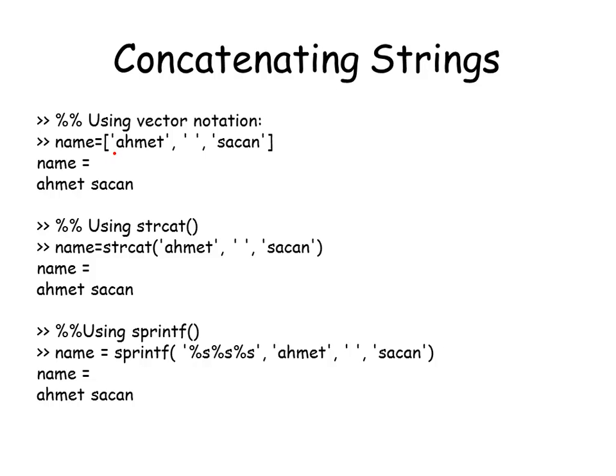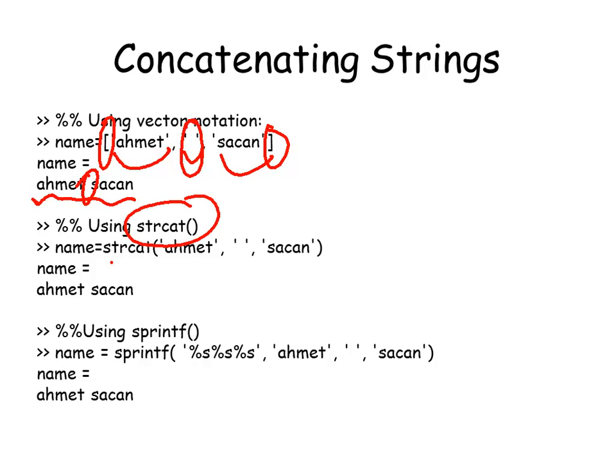In this case, I have 3 strings, Ahmed, a space, and Sachan, and then I enclose them with square brackets to generate one long string, okay, with a space in between the 2 words. You can also use the strcat function, which does exactly the same thing, and you will get a longer string.